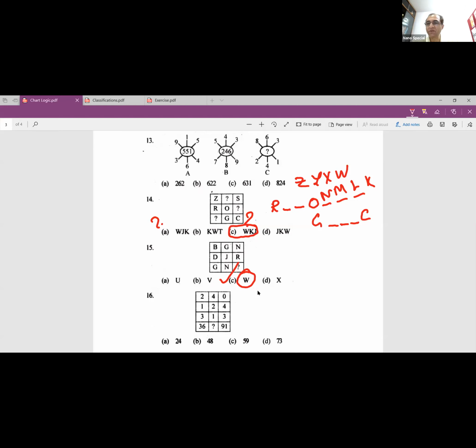Who can give the answer first? Shreya has given the answer. Shreya, what's the logic? Yes, she got it right.